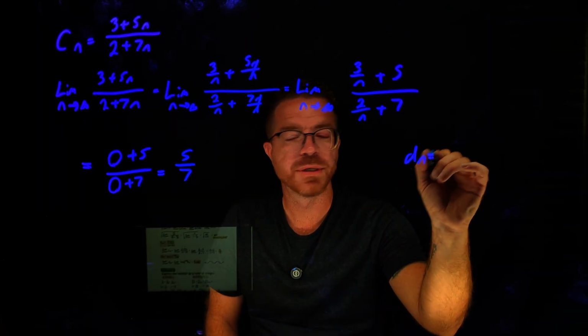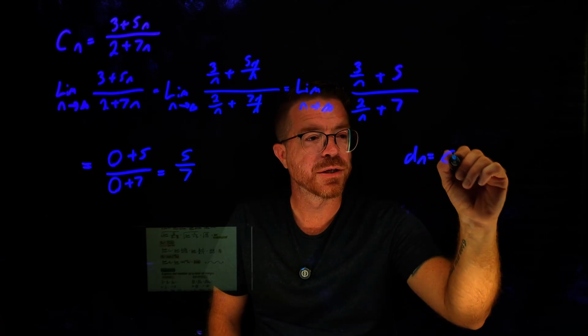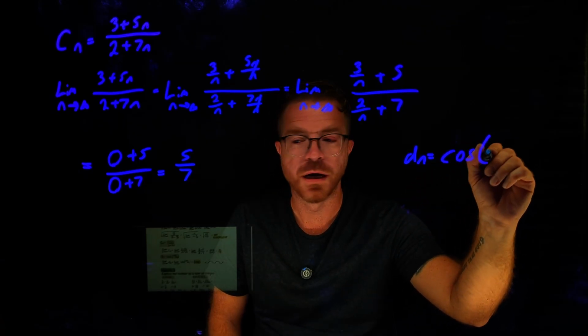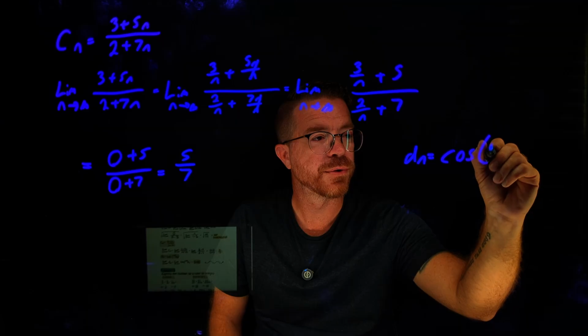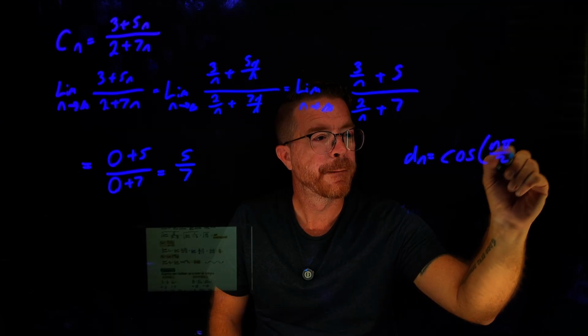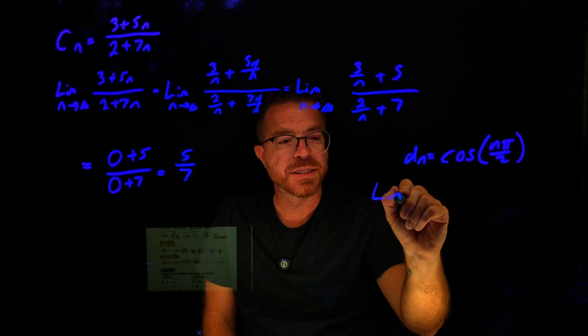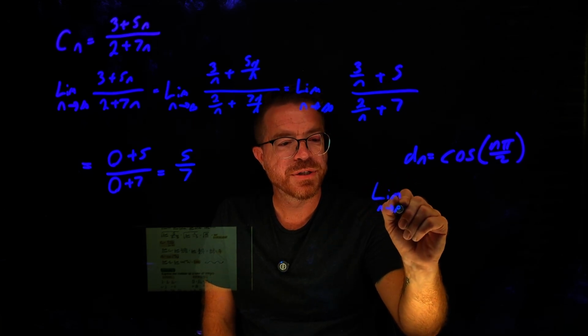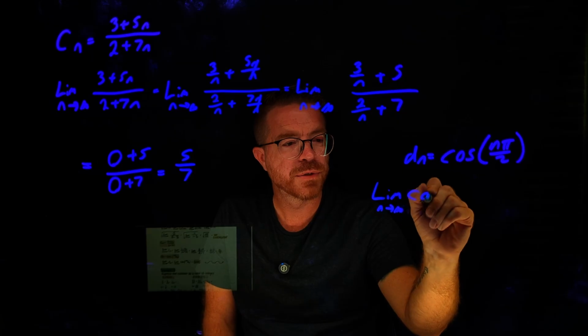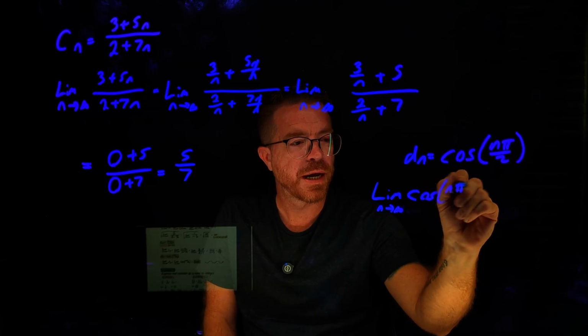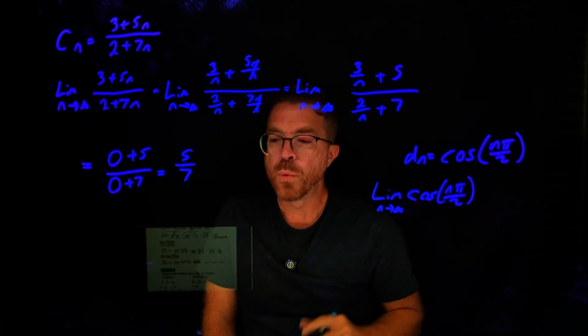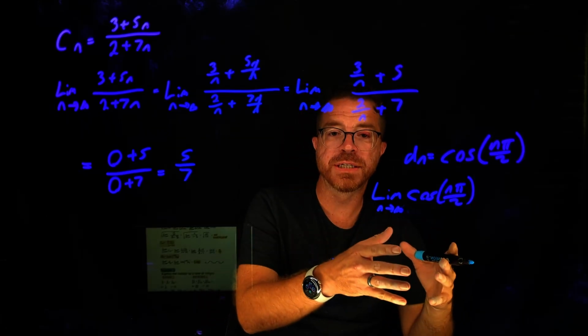What about if we had a sequence dn, which would be the cosine of n pi over 2? Well, with something like this, if we were to take the limit of this sequence, the limit as n approaches infinity of cosine n pi over 2, what's going to happen as n is increasing?